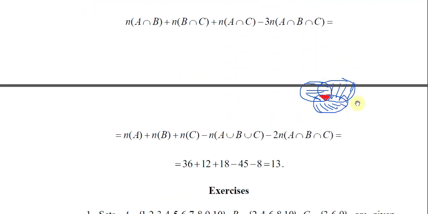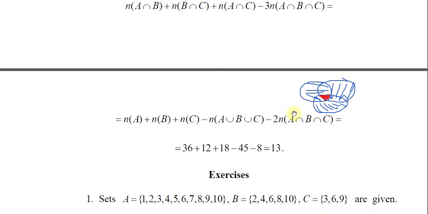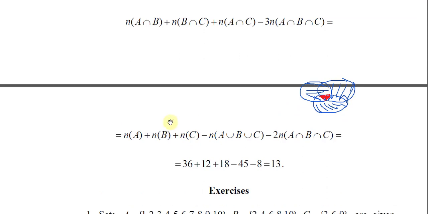So now, using the coefficients, we have n(A) plus n(B) plus n(C) minus n(A union B union C), and minus 2 n(A intersection B intersection C). If you put the values of these numbers, you get the answer 30.